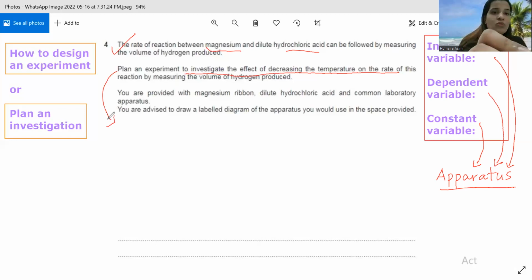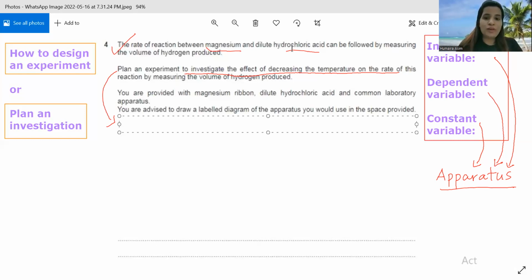I am going to make different temperatures, right? Okay, prepare different temperatures. Commonly 3 to 5 range can be given. So prepare different temperatures.